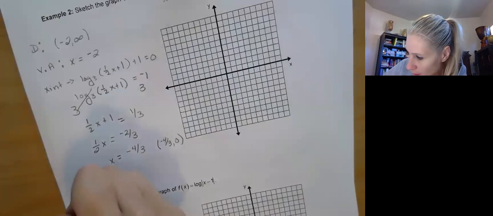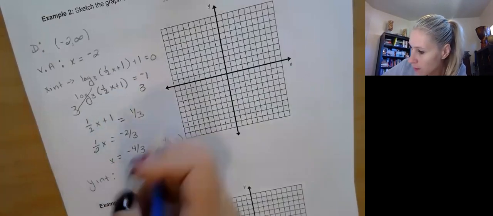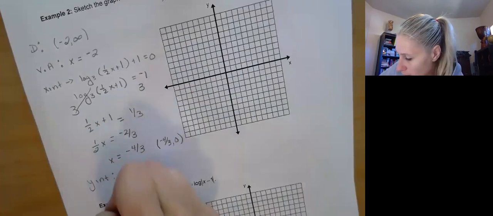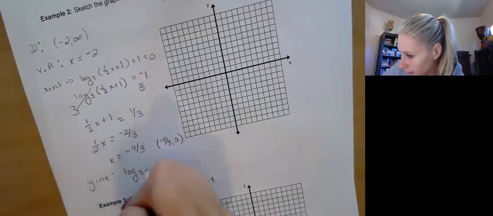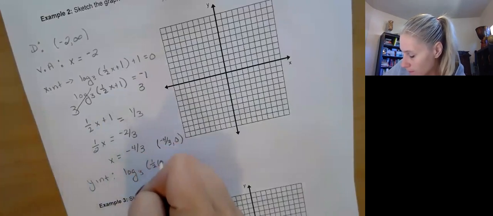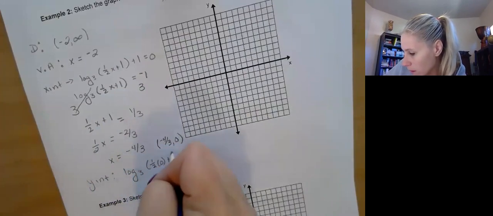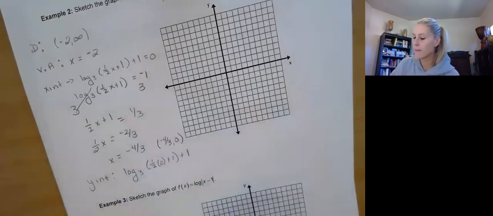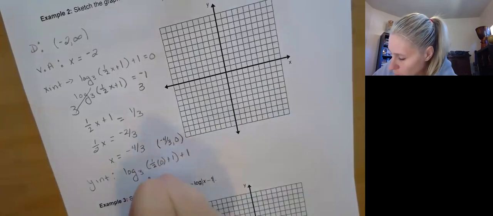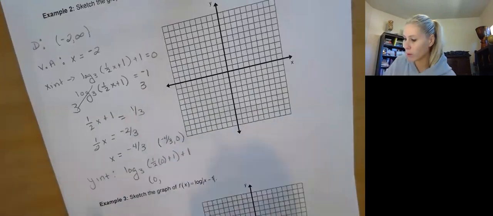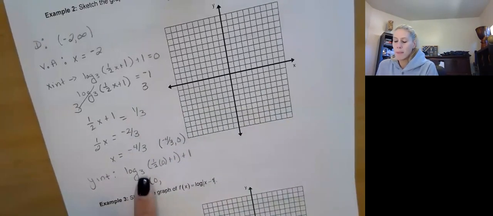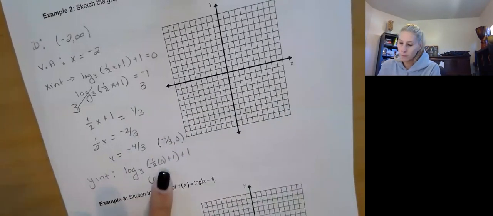The y-intercept is when x equals 0. So we have log base 3 of 1/2 times 0 plus 1, plus 1. Okay, so when we have our coordinate pair, we get 0, comma, well, let's see, log base 3 of 1.